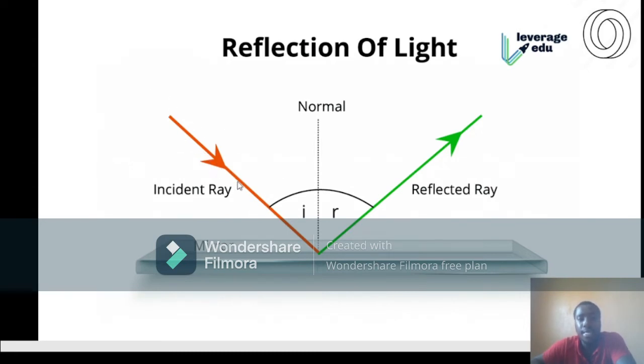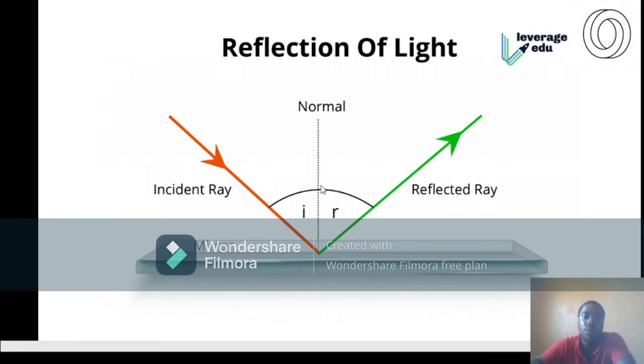The incident ray hits the mirror at an angle, and the angle between the normal and the ray is what we call the incident angle. The incoming ray is what we term the incident ray, and the reflected ray is that one, and this is the angle of reflection.